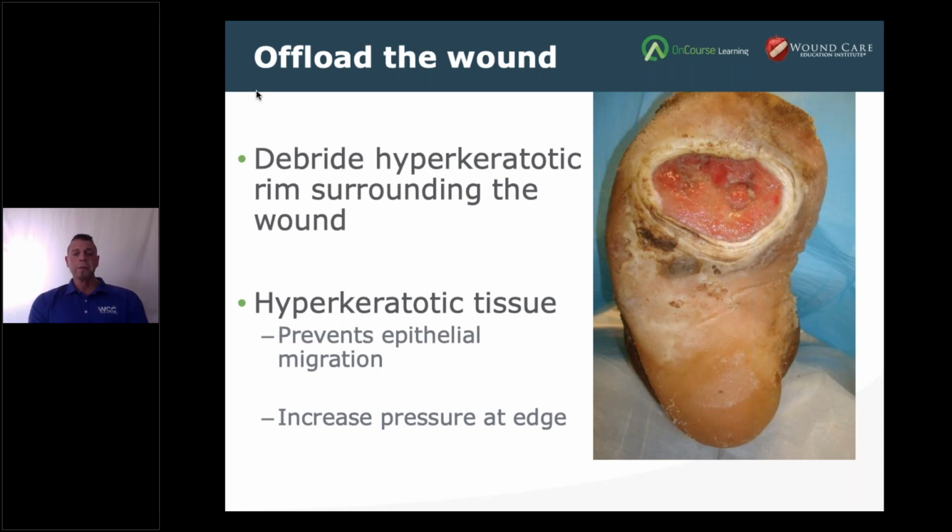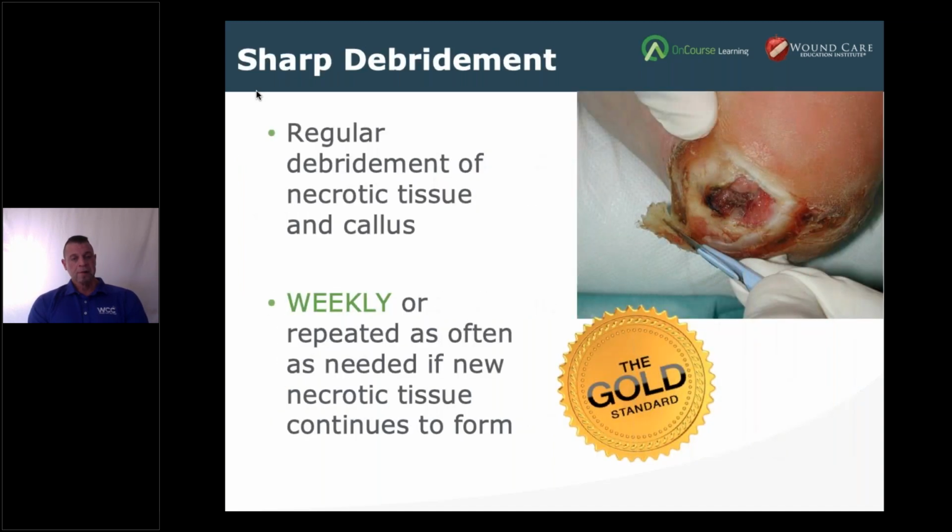But when you've got that rim of callus around there, remember, that can raise the pressure up to 30% more. And if they're not properly offloading the entire area, that callus can also put pressure on the edges, which again is going to inhibit and impair healing as well, maybe potentially even cause additional tissue damage. And this is where sharp debridement plays a key role, okay?